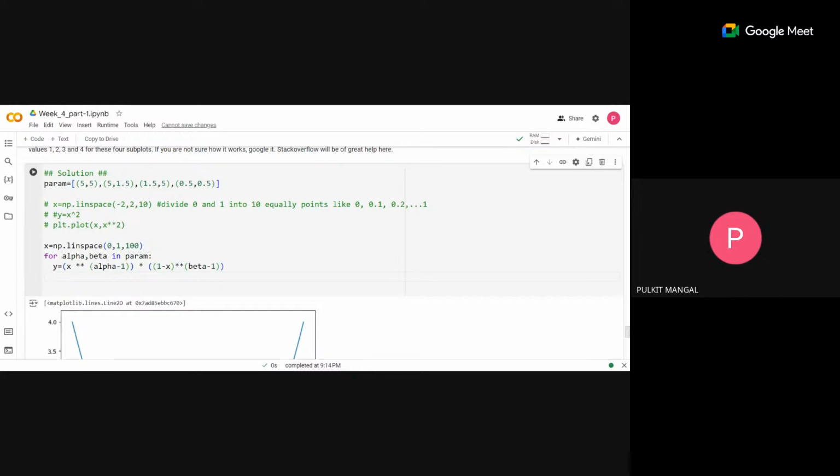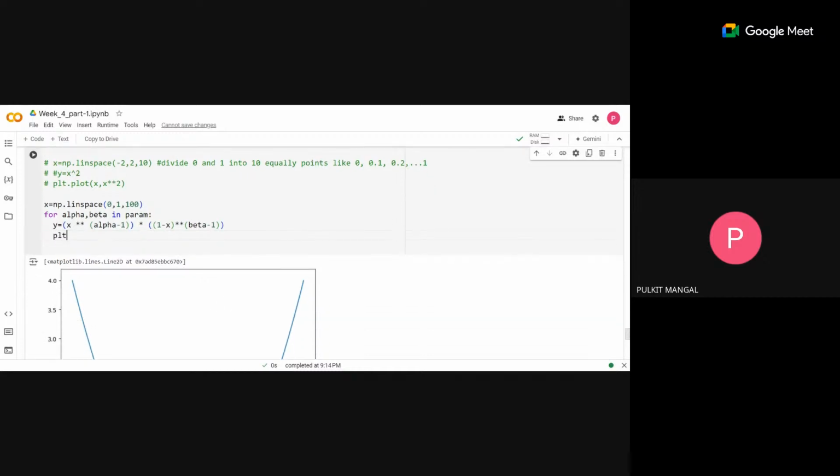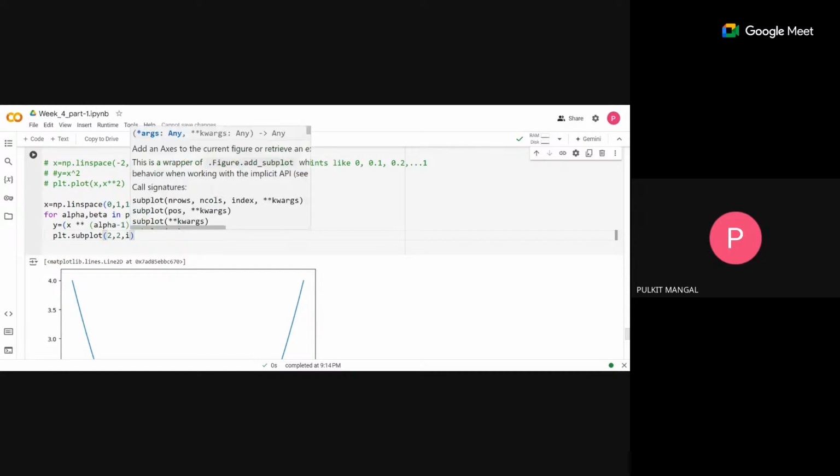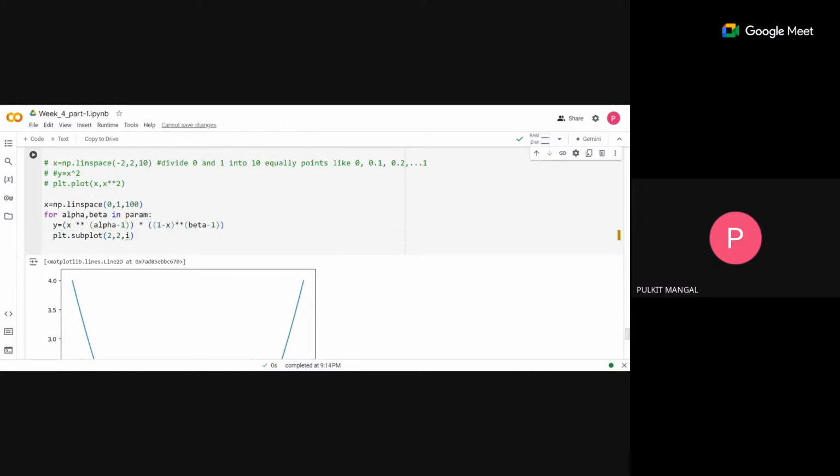Okay, so now we will use this plt.subplot. Let's use the 2 comma 2 grid. As I told you, i refers to the index. But unlike Python indexing, here indexing does not start with 0. It will start with 1. Also, we have to find a way to access the iteration number, like on which iteration it is.